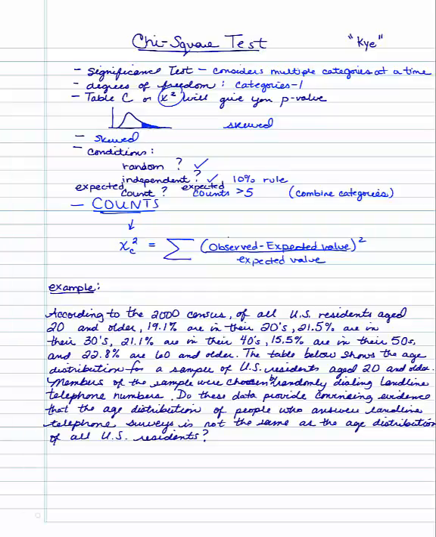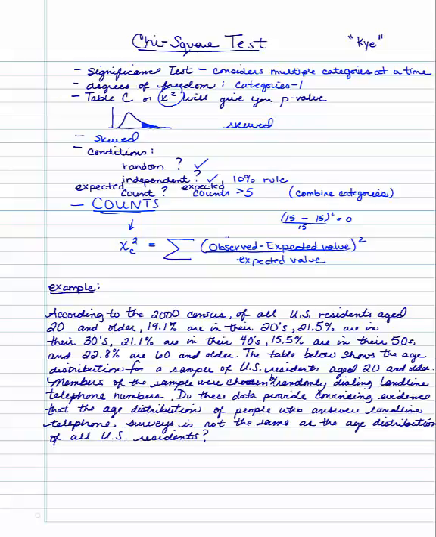If you expect to get 15 red jelly beans, and so just think of it that way, and you observe 15 jelly beans, when you subtract, square and divide by the expected value, you're going to end up with 0. So if there's no change between the observed and the expected, you're going to get a 0.